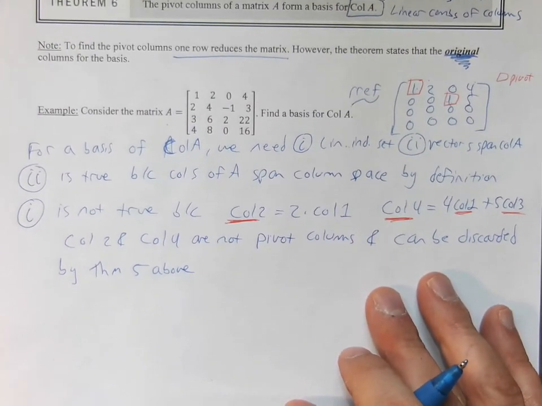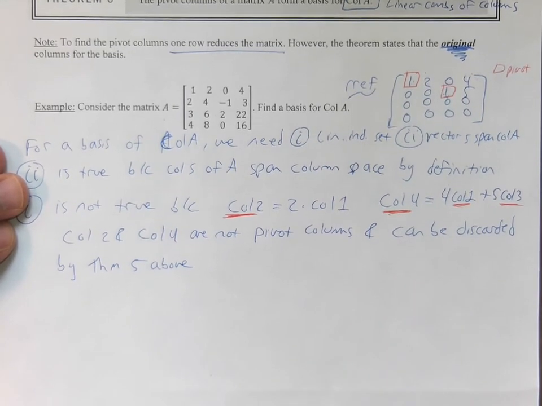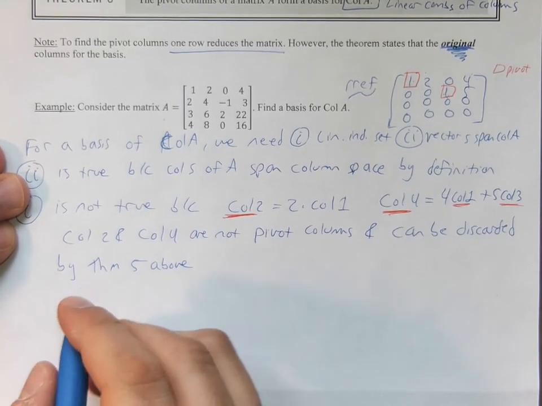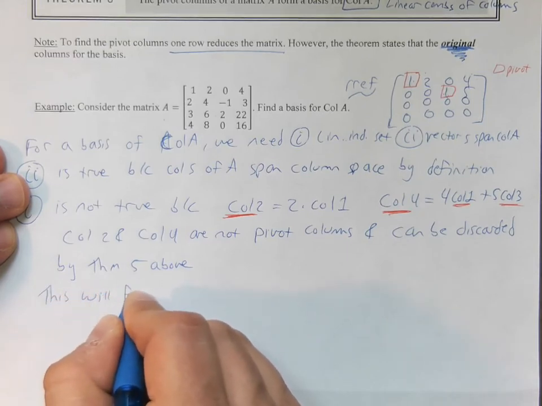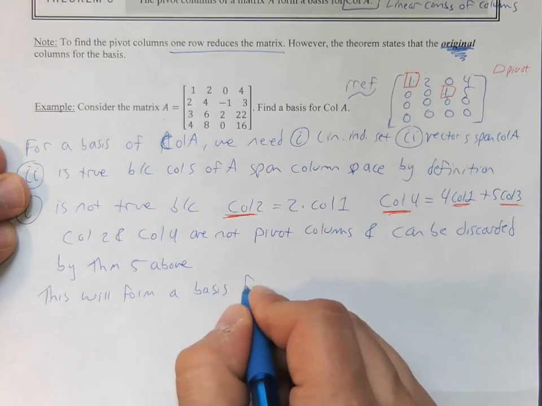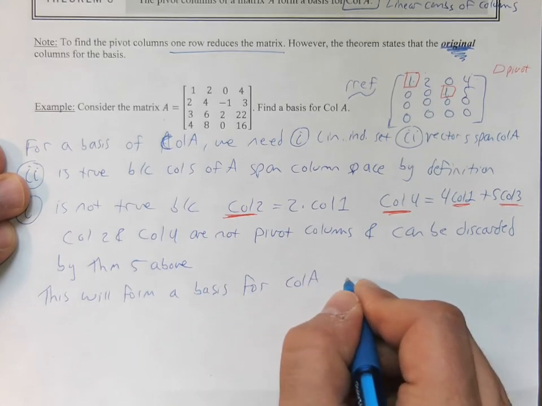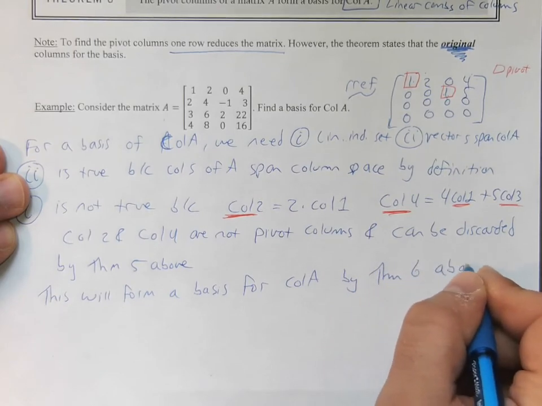And when we do that, we will then have a basis for the column space. So we're going to discard columns 2 and 4, and this will form a basis for the column space of A by theorem 6 above.